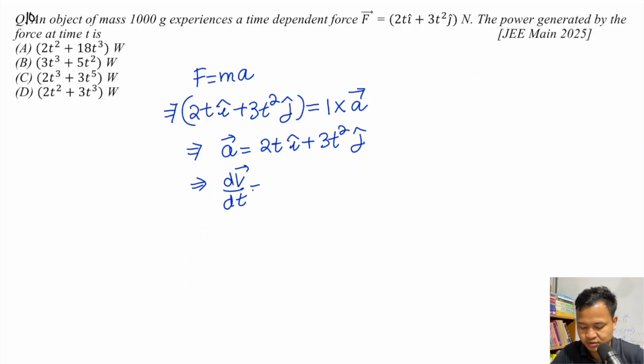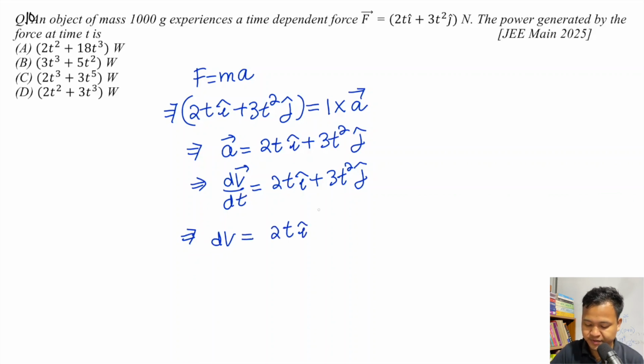So dv by dt equals 2t i plus 3t square j. So dv equals 2t into dt i cap plus 3t square into dt j cap. Integrate both sides.